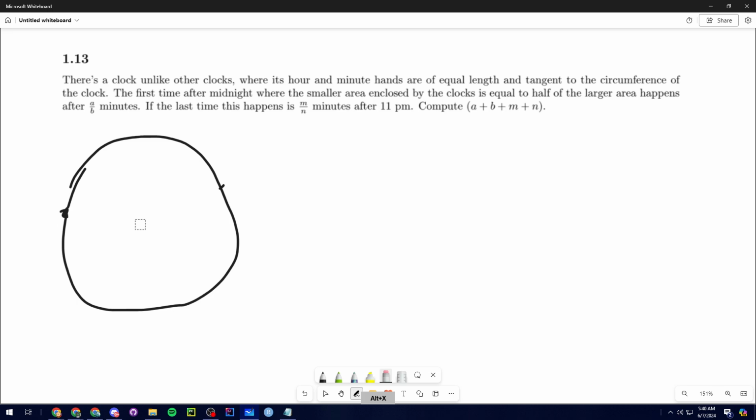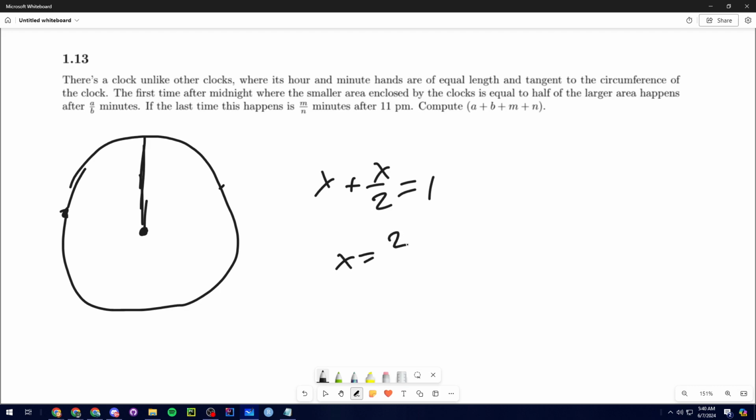First of all, I'm going to draw a clock at 12 o'clock. Now, when one of the areas is twice the other, think intuitively about what that means. What is it going to look like? You can use algebra to prove it: x plus x over 2 is equal to 1, where 1 is the full triangle.